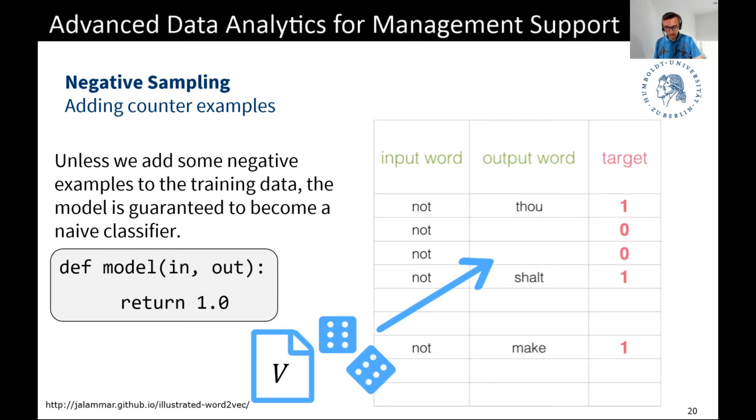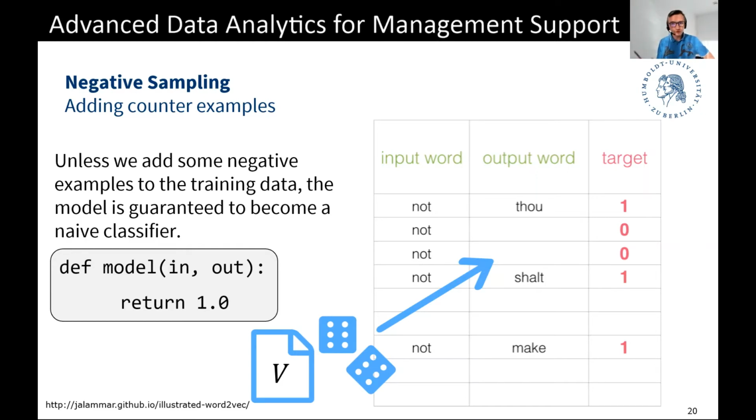And the whole point here is to create training data where we have not only positive examples, but a nice mix of positive and negative examples. And then we can do classification. Then we can train a neural network to classify whether two words occur in the same context, if we also present our neural network some cases of words that do not occur in the same context. And that's the principle of negative sampling.